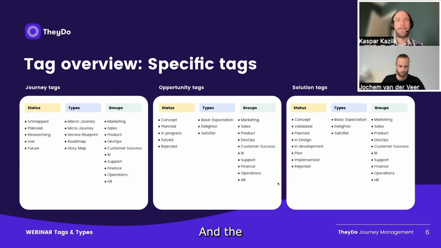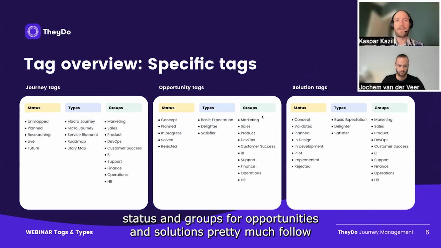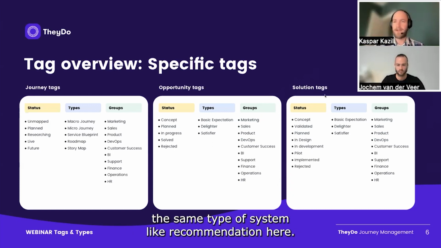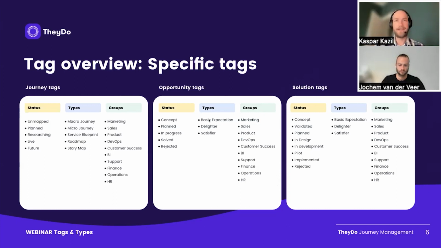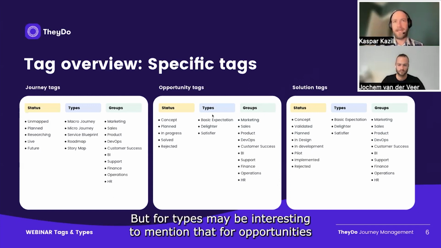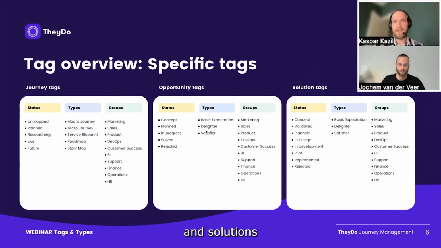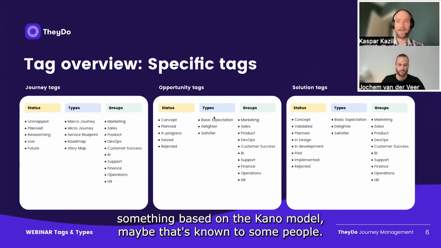The status and groups for opportunities and solutions pretty much follow the same system. But for types, it's interesting to mention that for opportunities and solutions, I've used something based on the Kano model. Maybe that's known to some people.